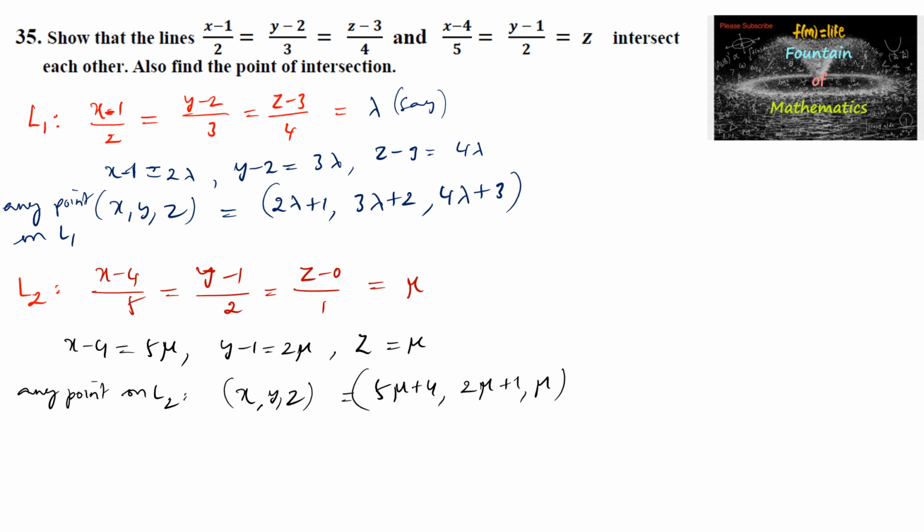And to show that these 2 lines are intersecting means the point on the line L1 and the point on line L2 must be equal. So let us verify this.